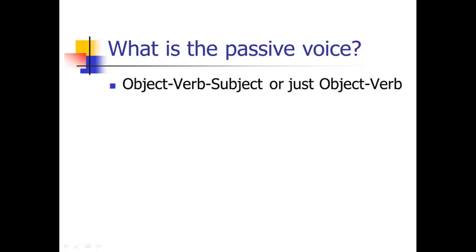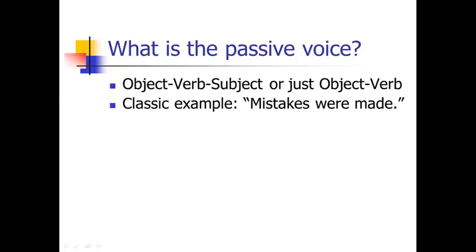Instead of she throws the ball, you would say the ball was thrown by her, or the ball is thrown by her. That's a really awkward way to talk. And so we never talk in the passive voice, but yet somehow when we sit down to do academic or scientific writing, a lot of us start to talk in the passive voice in our writing. And it's also very awkward in writing.